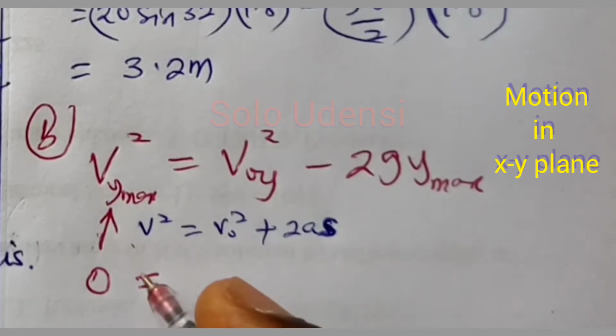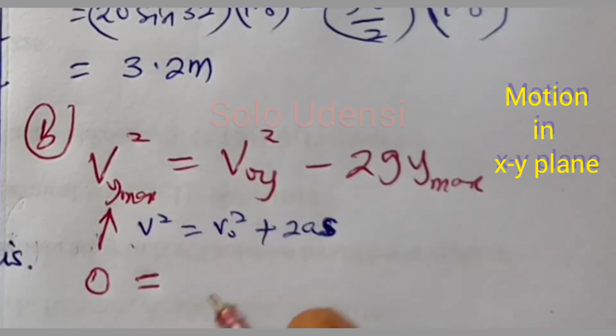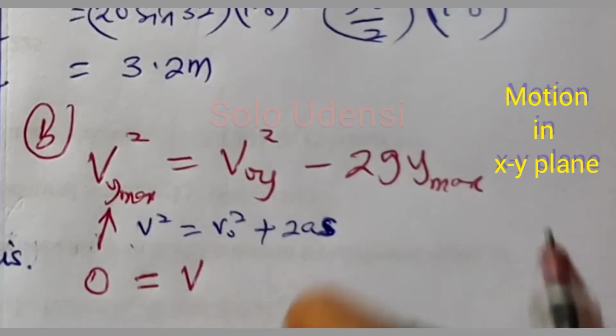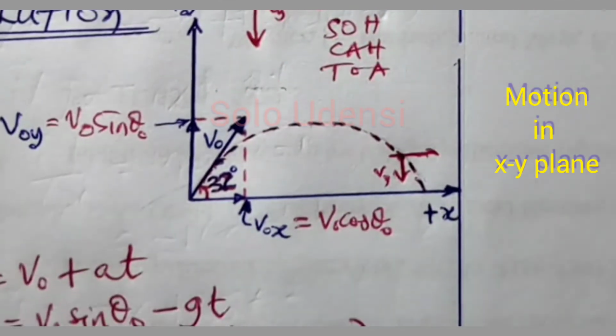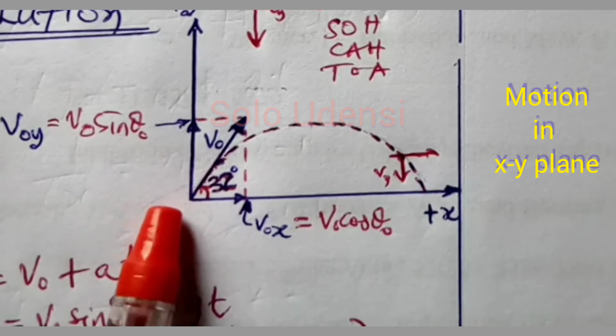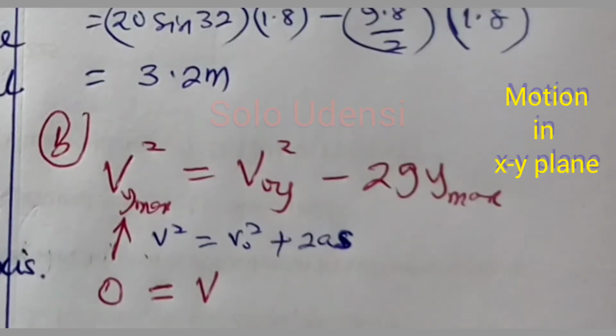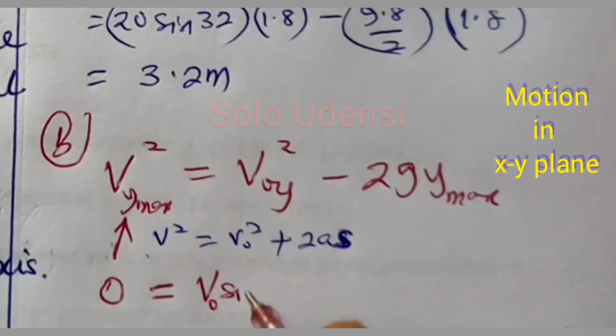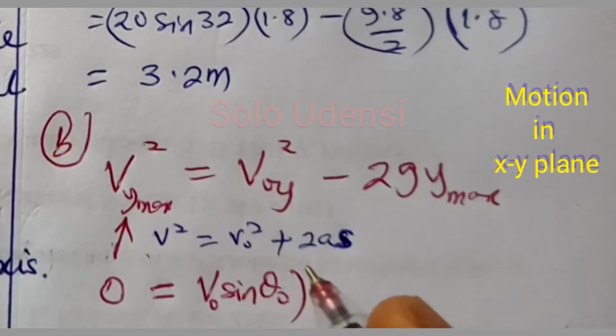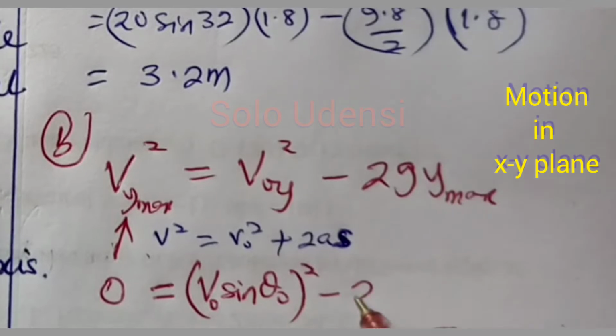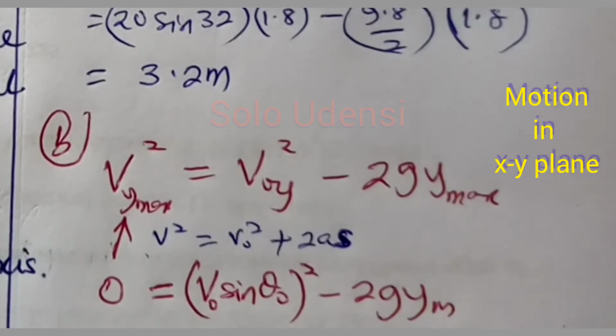At maximum height, this velocity is zero. So we put 0 is equal to, this is from what we did last time, decoupling the vector triangle, we find out that v naught y is v naught sine theta naught, all squared, minus 2g y max.